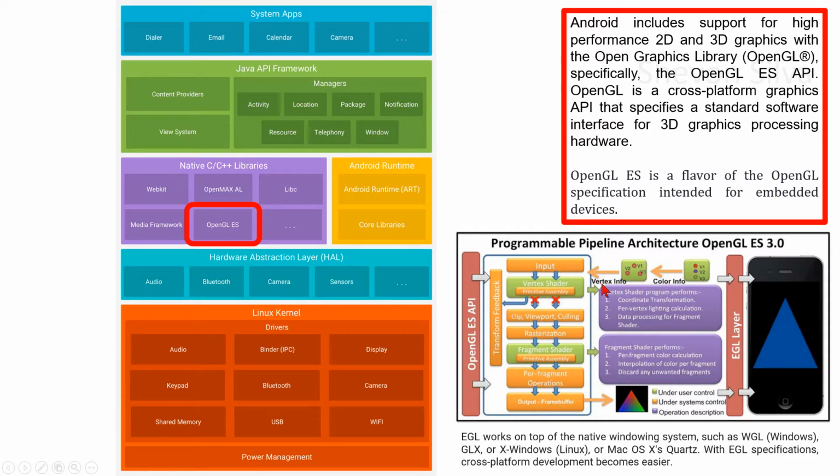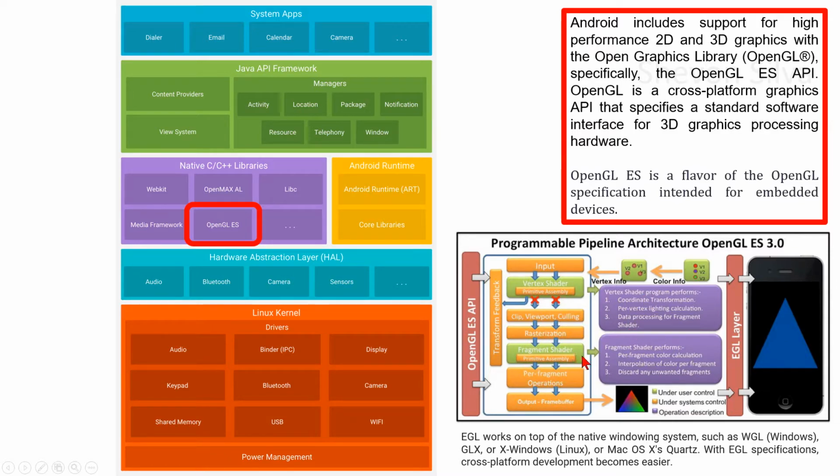This is color info, and it is moving into vertex info, and the vertex shader program performs coordinate transformation, per-vertex lighting calculation, and data processing for the fragment shader.